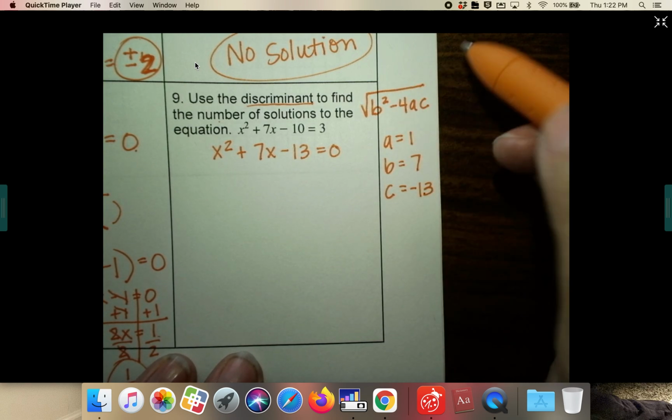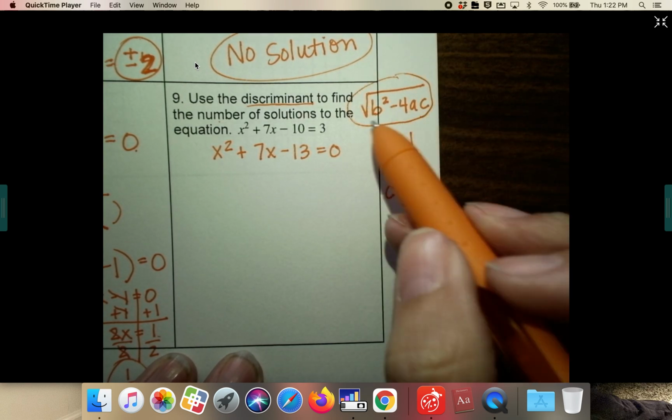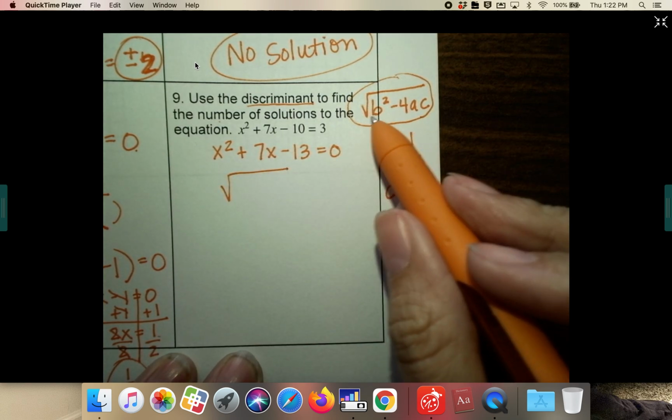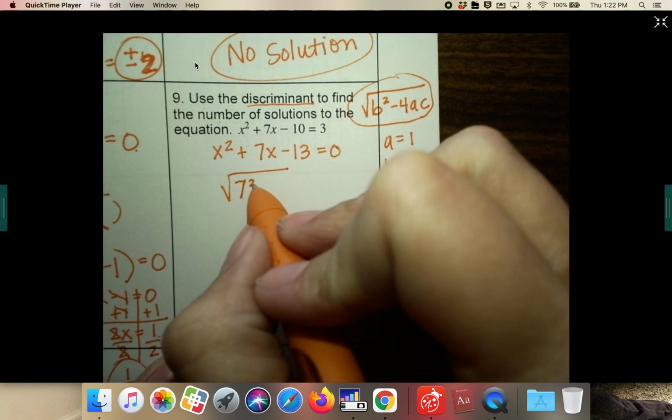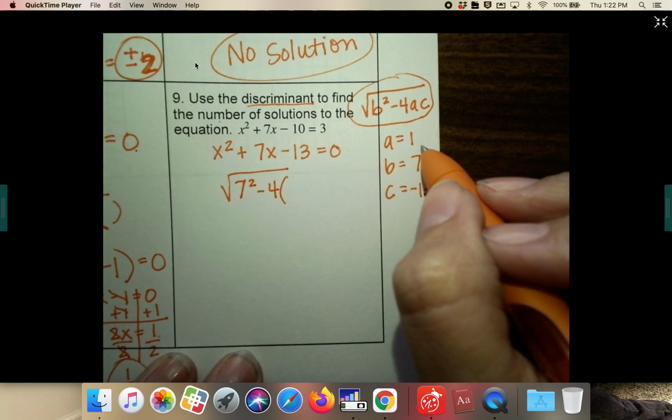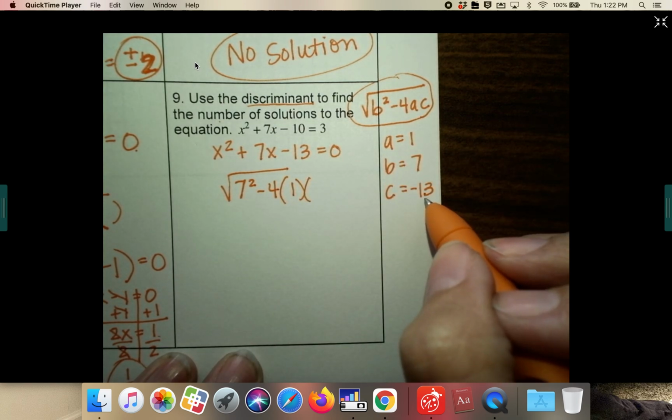All right, so I'm going to use this formula, and I'm going to write b squared, which that's 7 squared, minus 4 times a times c.